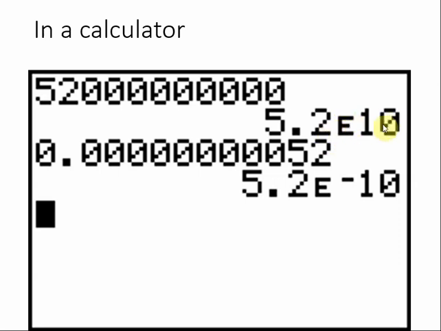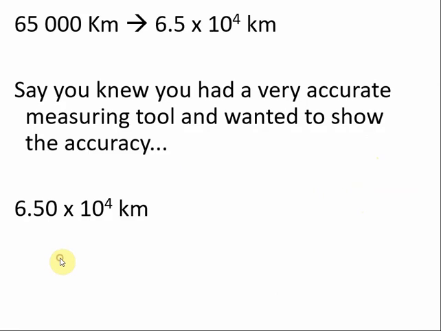So what that 10th means there is times 10 to the 10 power, or times 10 to the negative 10 power. Since they only have one line to work with, they don't put exponents in superscript. Calculators can't do it, so they use the letter E.